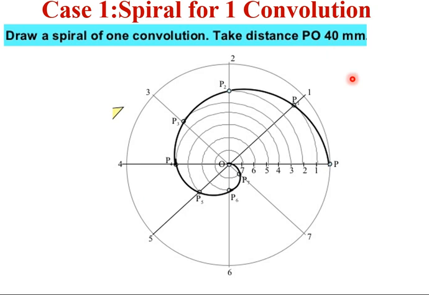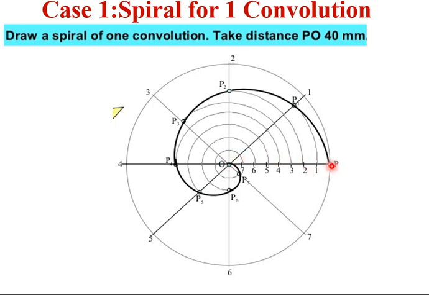Another definition as far as Archimedean spiral is considered, we can say that it is a curve generated by a point moving uniformly along a straight line like this one. Suppose P is the point which is moving uniformly along this line OP here towards O, while the line is also swinging or rotating about a fixed point O with a uniform angular velocity.